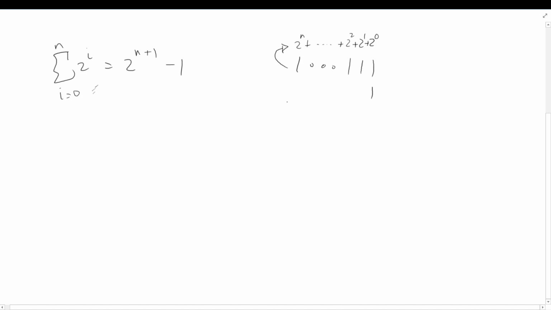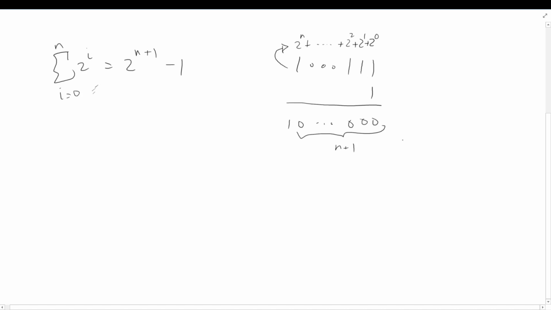Let's say I added 1 to this number in binary. Then I'm going to get a bunch of carries, and I'm going to have n plus 1 zeros here. Why? Because I had n plus 1 ones up above, starting at 0 going to n. They're all going to turn to zeros, and we're going to carry over a 1.